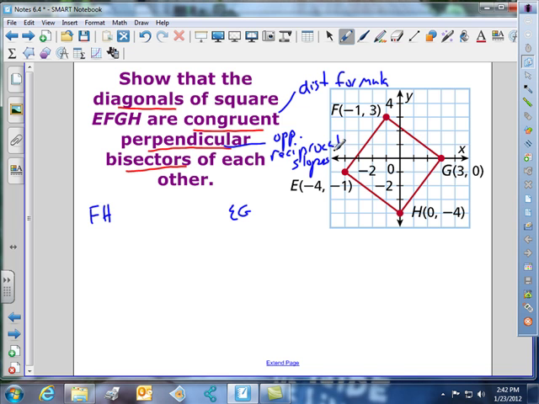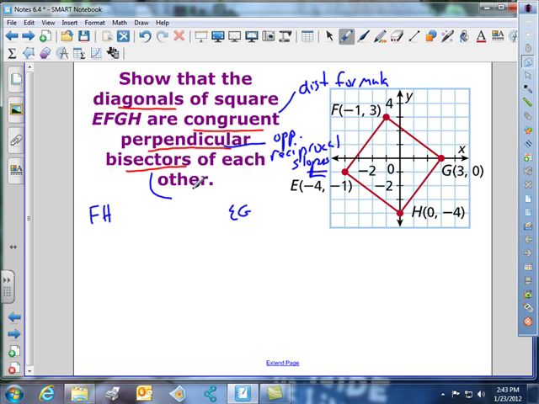Now in order to save time, I'm not going to work this out, I'm just going to talk through this. So we would have to find the distance of each of these two segments, FH and EG, by using the distance formula. I would have to use the slope formula to show that those slopes are opposite reciprocals.